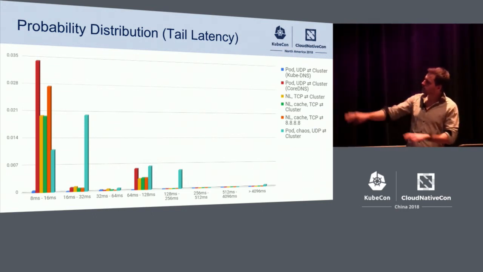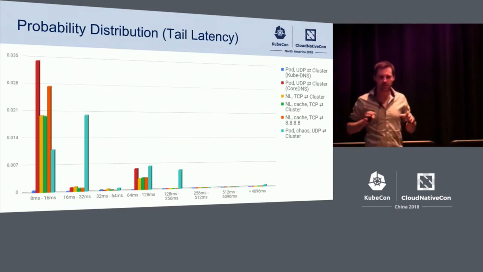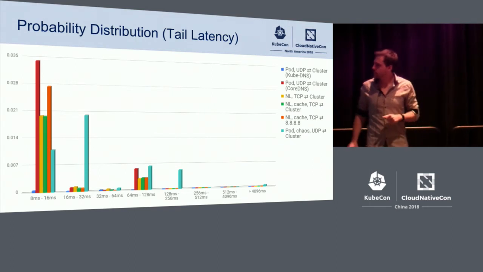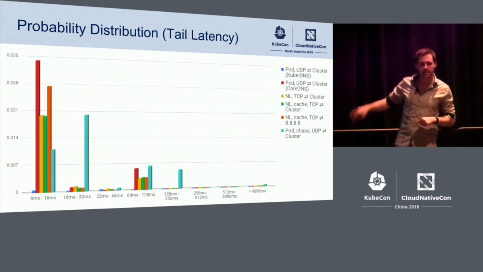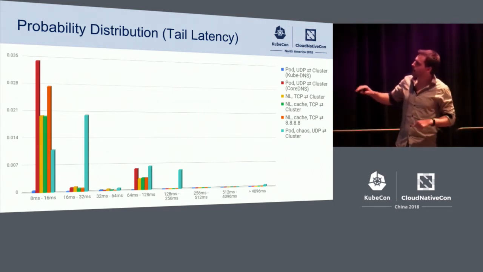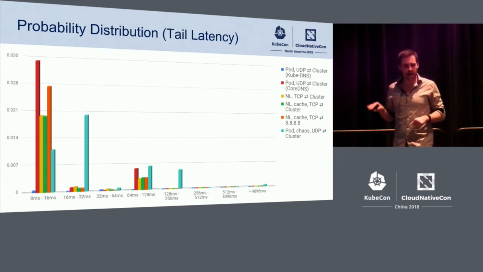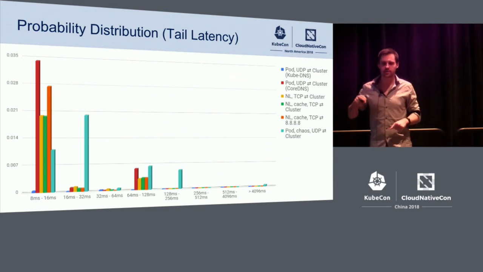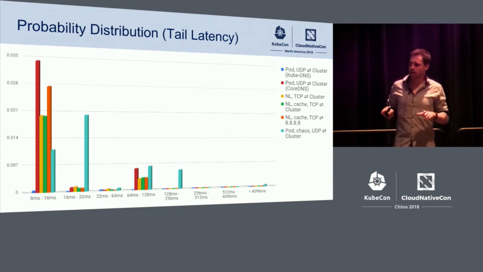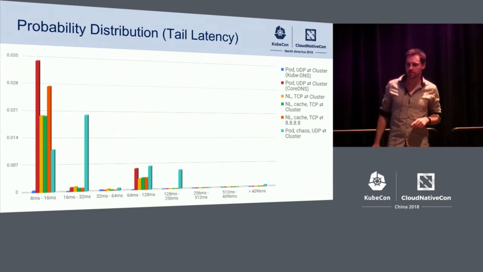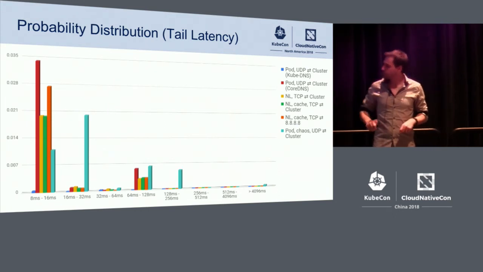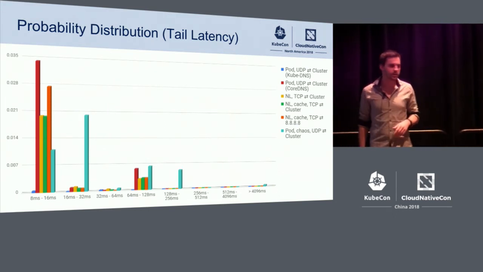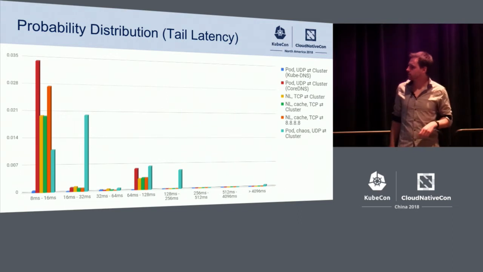So the teal color is basically our chaos drop packets. So we can see that a lot of tail latency is added. And we can completely remove that tail latency by using a local cache, either NodeLocal or just upgrading the connection. So if you have problems with that, that might be the solution for you. And we can talk about what happens with that after the talk.